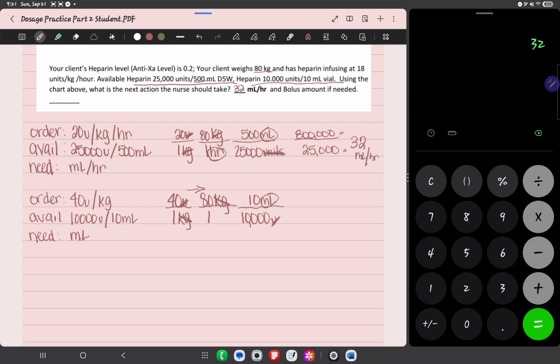So we multiply across, and that is 40 times 80 times 10 is 32,000. And 1 times 1 times 10,000 is 10,000. And we divide that by that. And it's 3.2 ml. So you just put that here, 3.2 ml. And that's it.